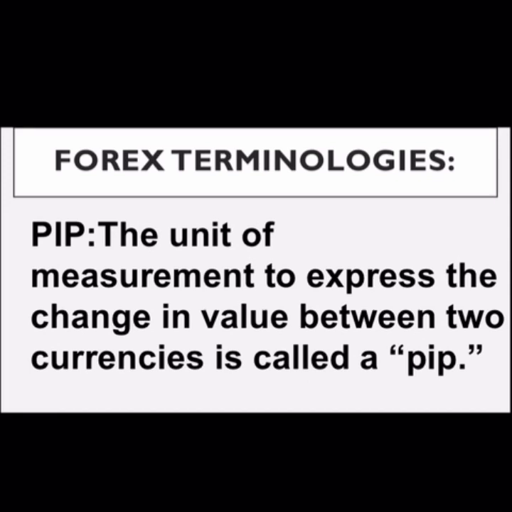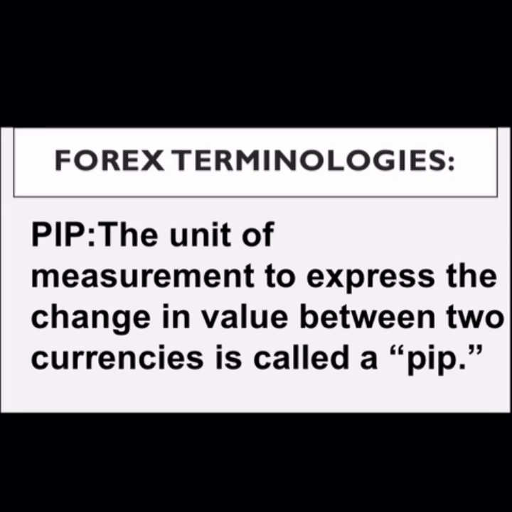The price movement in this market is controlled by a unit of measurement, and that unit is called pips. Just like we have length and breadth, when we did physics in school, we calculated distance, time and speed.